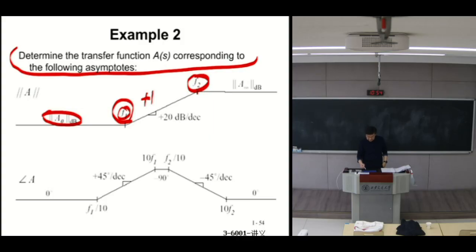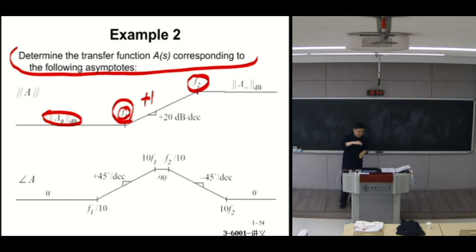And then gradually this slope of magnitude is changing back to flat. That means for magnitude, the low frequency part is flat, and the high frequency part is decreasing.